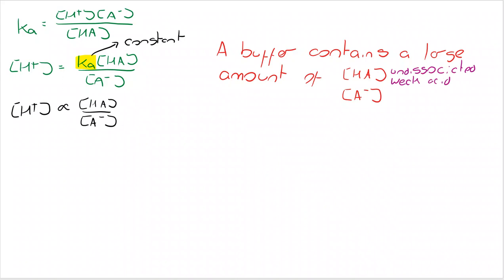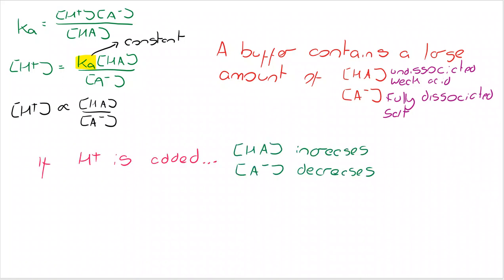So HA, that's, remember, from the undissociated weak acid, and the A minus, which is from the fully dissociated salt. We are assuming, remember, that none of the HA has dissociated. So if H plus is added, the HA concentration increases, the A minus concentration decreases.